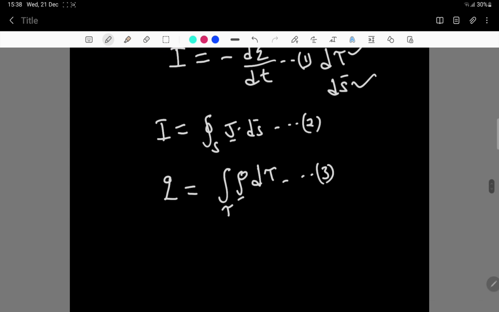So we can equate them. So we have the surface integration of J ds equals minus dq over dt, and this one is our equation 4.